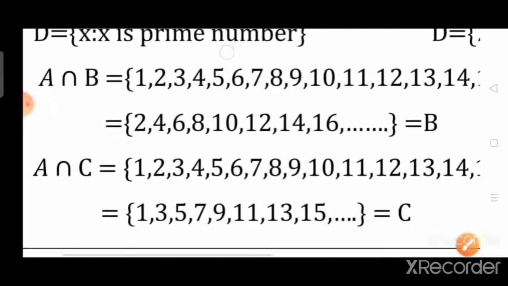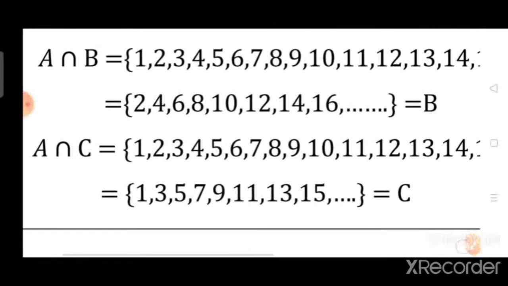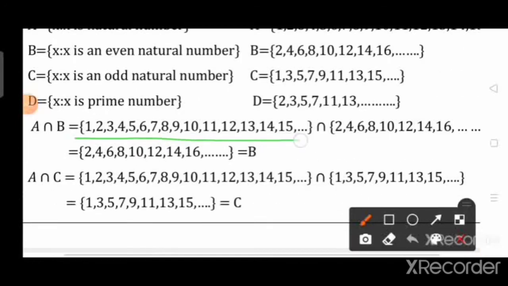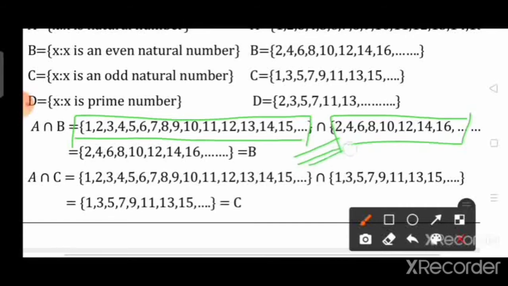Now our first question is A intersection B. Here in A intersection B, these are the elements of set A and these are the elements of set B. We have to find the intersection, so we have to write the common elements in both sets.